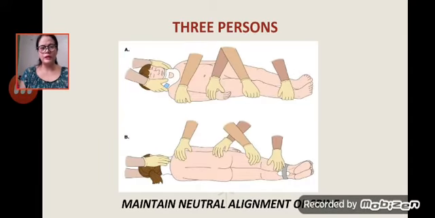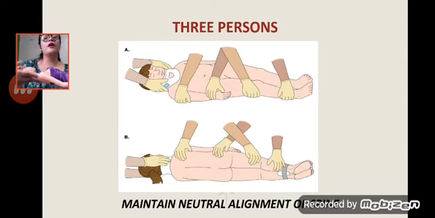So this one is the 3 persons technique, wherein the nurse in charge will be the one handling the head part and the neck part of the patient. As you can see, this one should be supported. So you will be handling your patient like this, with both hands supporting. That one is the nurse in charge.